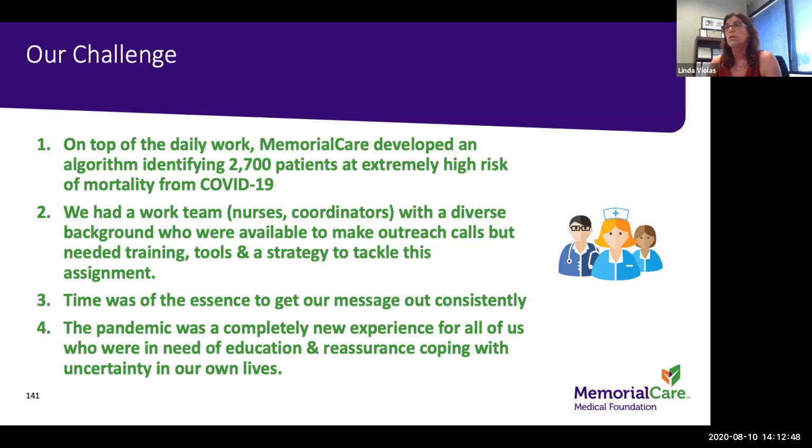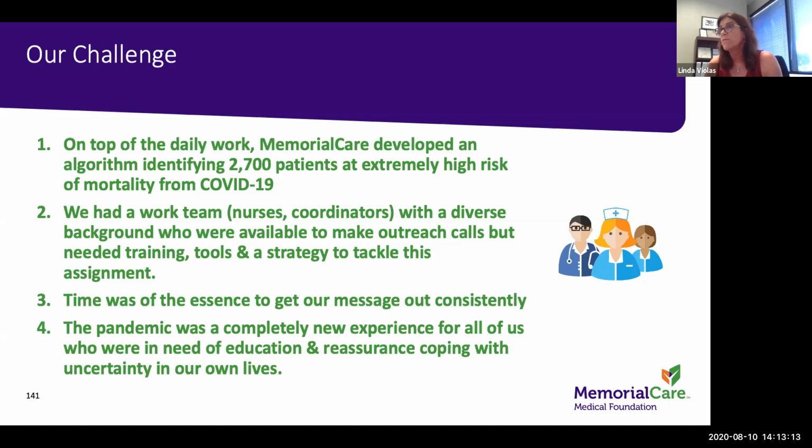So we did have a work team. We obviously were staffed for our daily work. We have nurses, we have care coordinators, but really diverse backgrounds. And some of the workers that we pulled in were a section of our organization that were more or less experiencing a very decreased volume of work. So these were our nurses who do review, both on the inpatient and outpatient side.